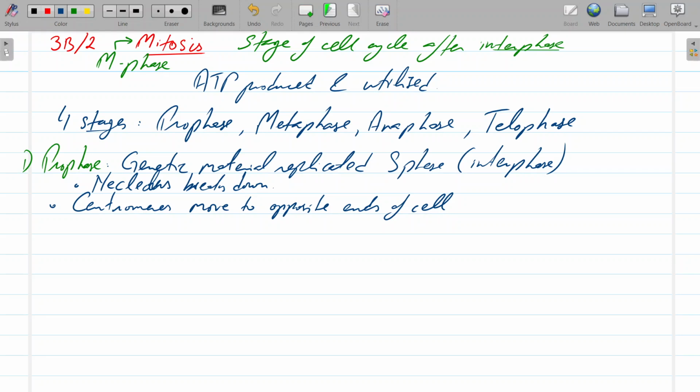So that's the beginning, that's the prophase, then you come to the metaphase, and the nuclear membrane breaks up. The centrioles have moved to the opposite poles of the cell.